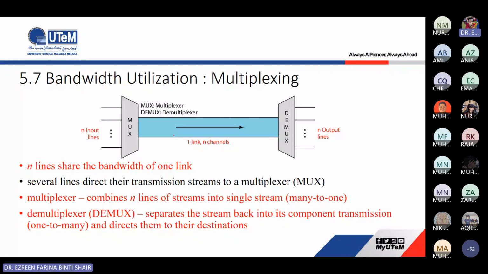The multiplexer combines n lines, or a number of streams, into a single stream, so it is many to one. And the demux is the opposite of the multiplexer. It separates the stream back into its component transmissions.